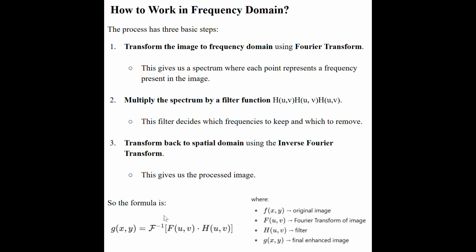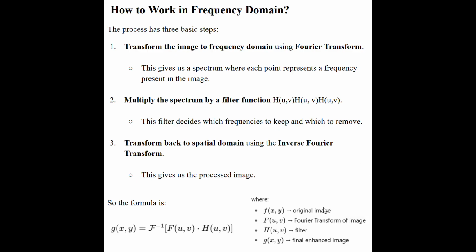The formula to perform these operations, the processing in the frequency domain for the input image, is g(x,y) = F inverse of [F(u,v) H(u,v)]. Here f(x,y) is my input image, which I know.